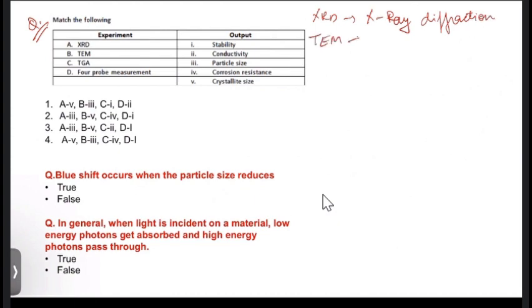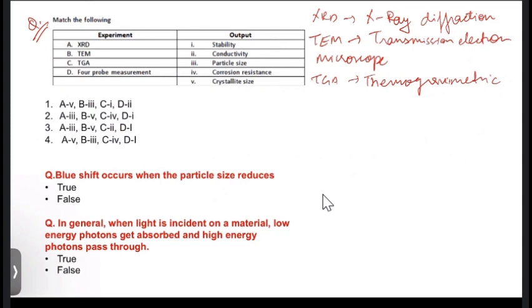TEM stands for transmission electron microscope. TGA stands for thermogravimetric analysis.